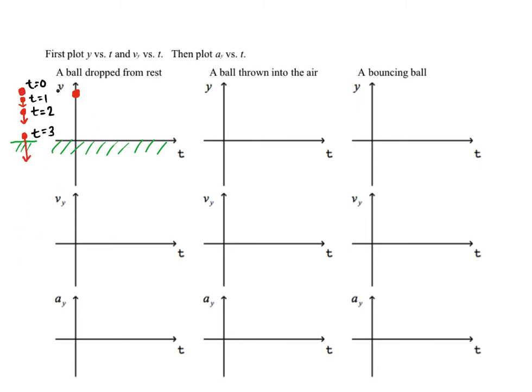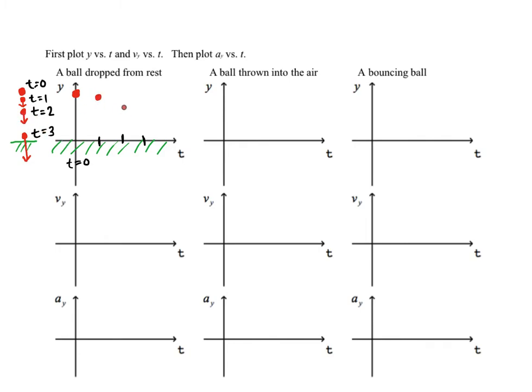So if you trace the object over, it would be located up here at t equals 0. Now at t equals 1, we want it to still be pretty high up there.